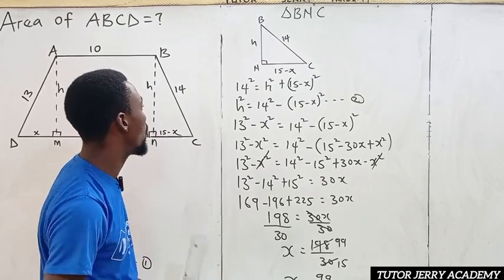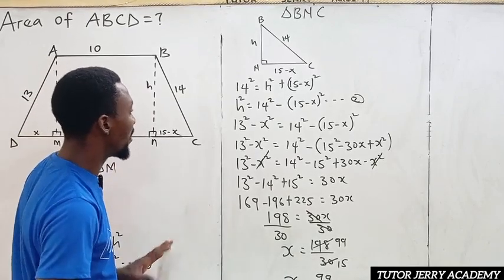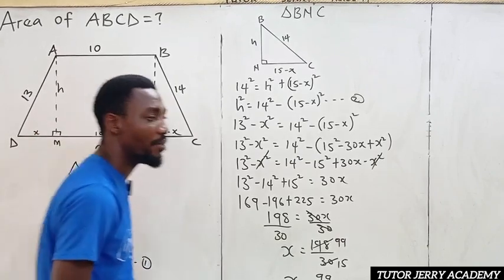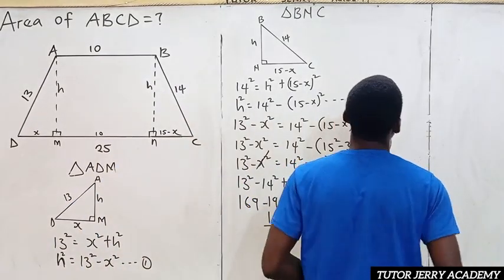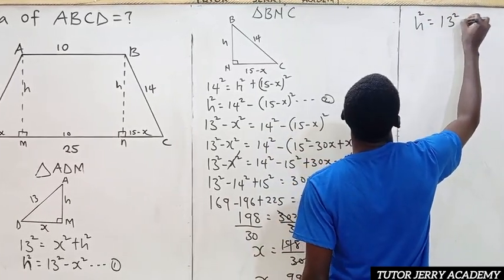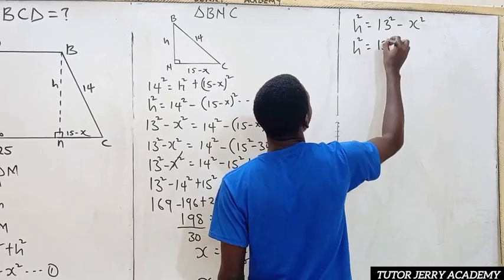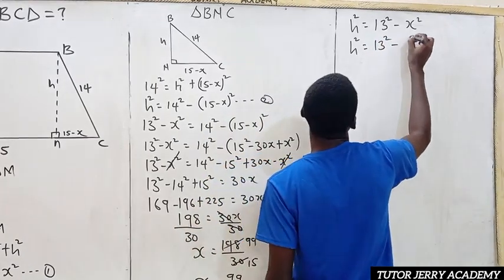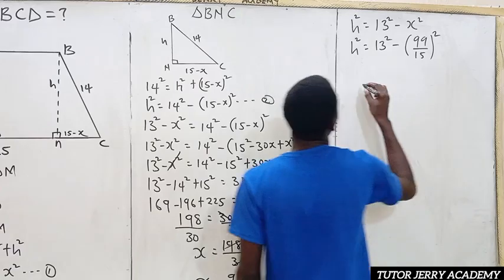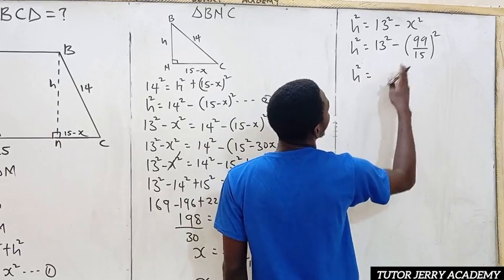All right. So we need the value of h, right? For us to get the value of h, since we have gotten the value of s now, we can make use of equation number 1. From equation 1, we know that h² equals 13² − s². So h² will be equal to 13² − (99/15)².